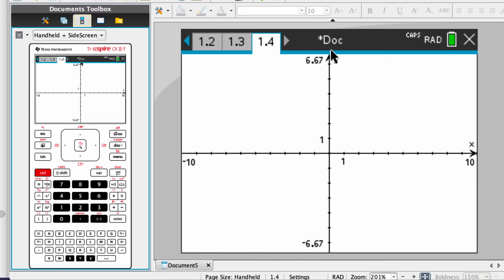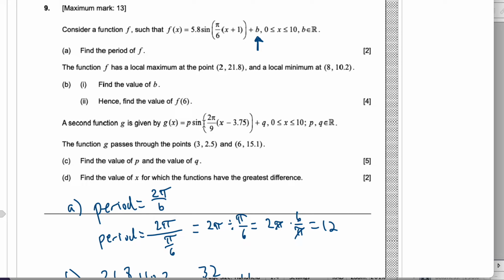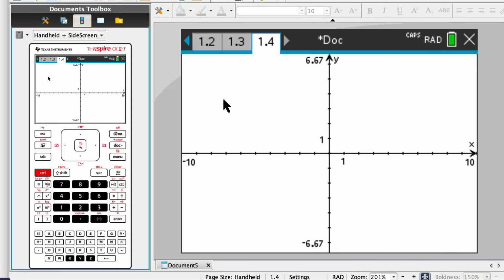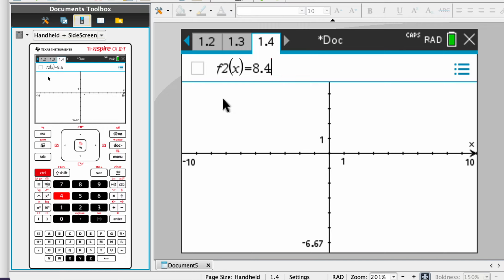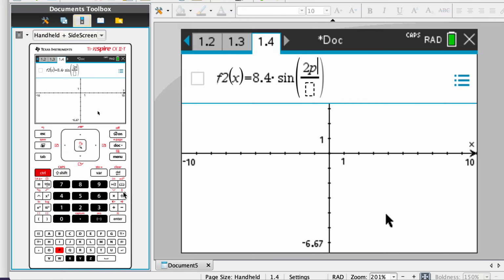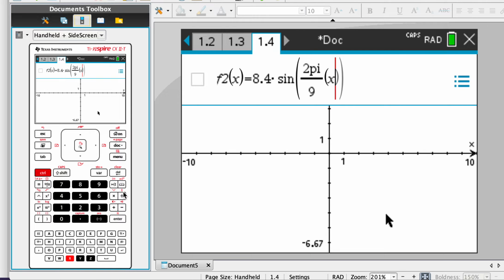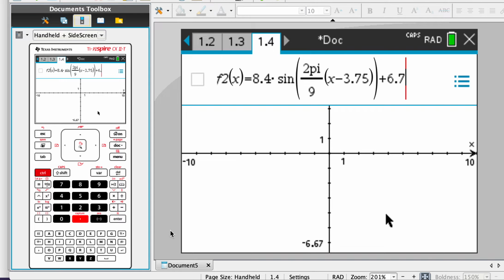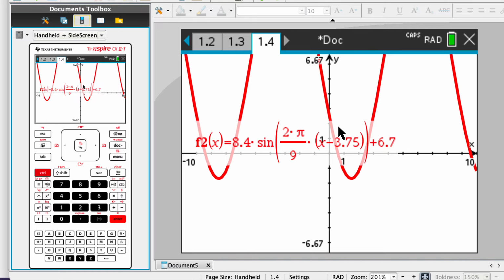Okay, and the other one, well, we just got P was 8.4, so 8.4 times sine 2 pi over 9, and this was x minus 3.75 plus, and I forgot what Q was, I think 6.7, yep, 6.7. Okay, so we have that now. So we have two of them.